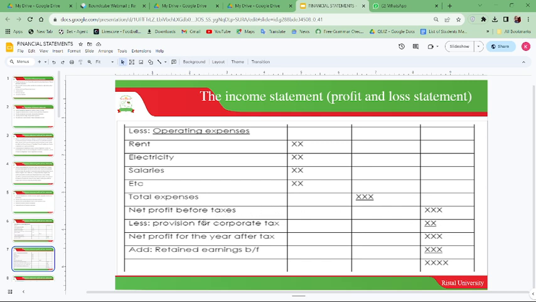Then we less the provision for corporate tax to get the net profit for the year after tax. Then we add retained earnings.